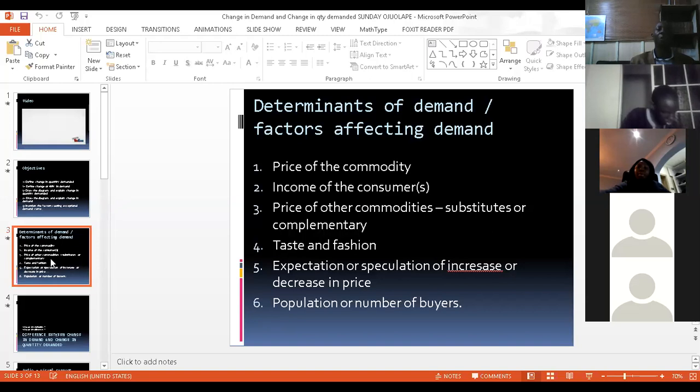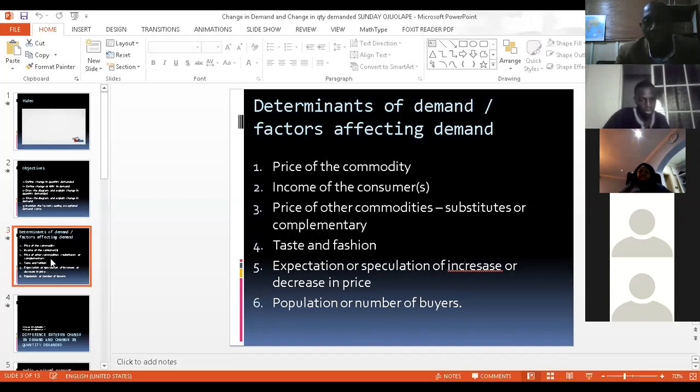Then we have complementary items. They are complements. It means that the two of them must go hand in hand. They are bought together. When you buy a lantern, you need to buy kerosene. If you buy a car, definitely you must start buying petrol or diesel, depending on what your car is running on.